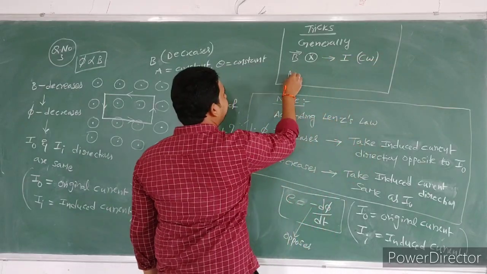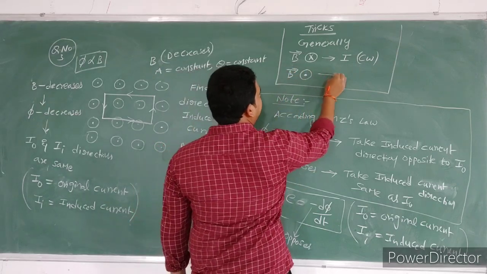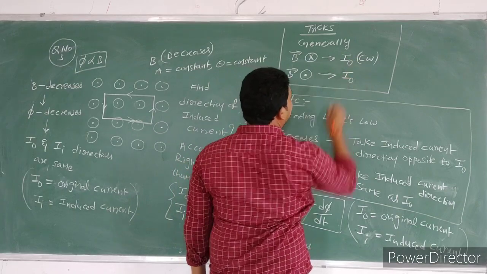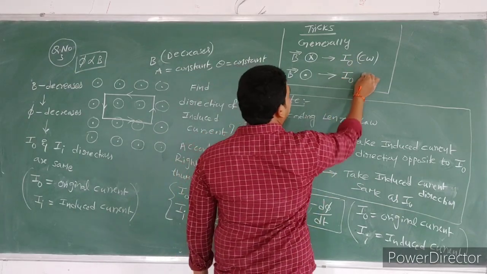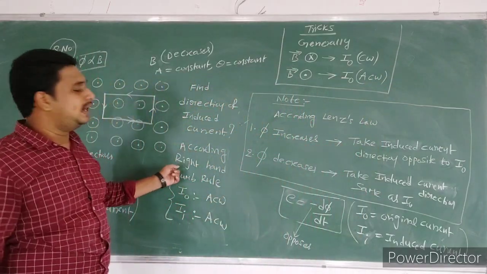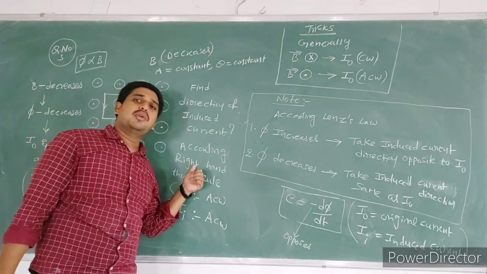If the magnetic field direction is out of the page, the original electric current direction is anti-clockwise. Keep it in mind. No need to apply the right hand thumb rule always.